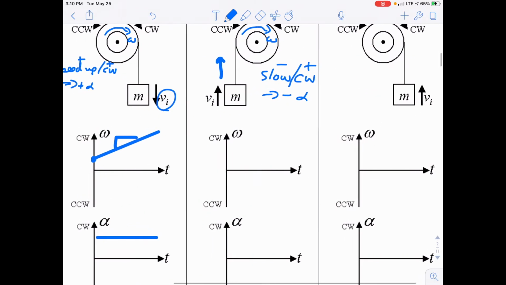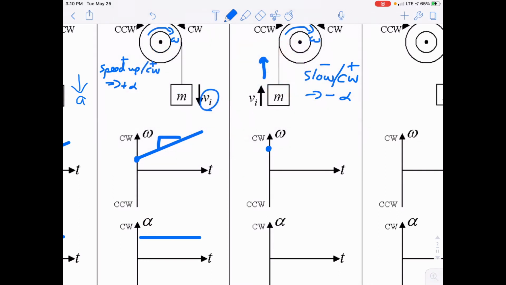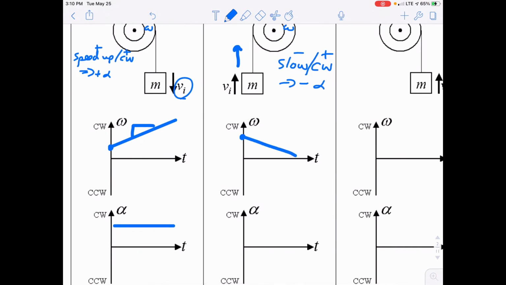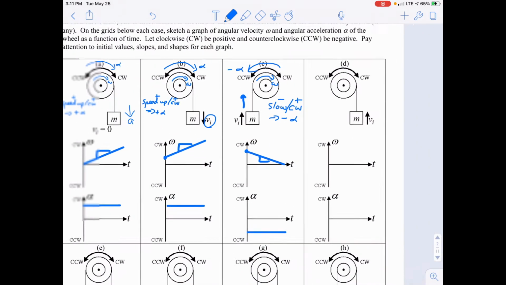So how do we show that? Well, let's make a dot at some initial velocity, and we're going to bring that down to 0. We're going to slow down at a constant rate, which would be negative constant acceleration below the axis.